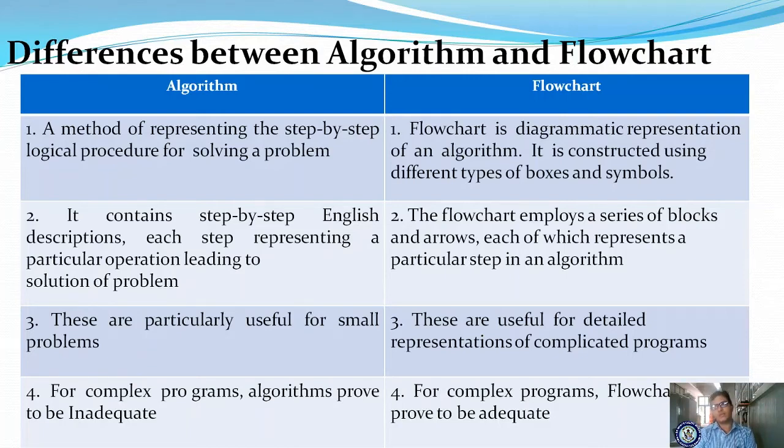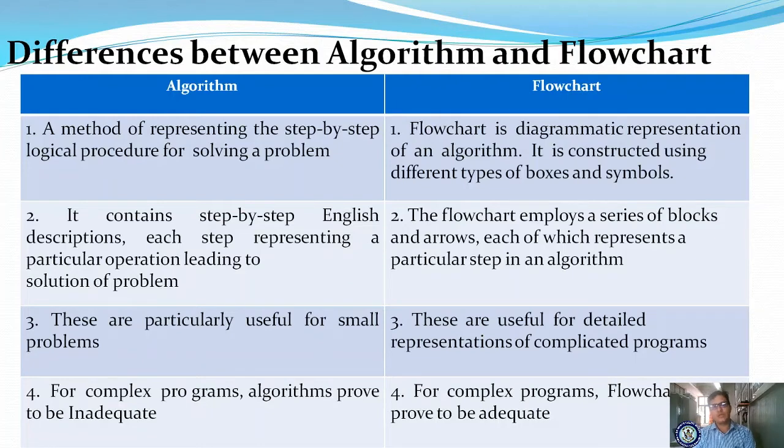You can represent that complexity in your flowcharts. Okay. And the fourth point, for complex programs, algorithms prove to be inadequate. Already we have said in the third point, it is only suitable for small problems. For large problems, your algorithm is inadequate. It is not suitable. For complex programs, flowcharts prove to be adequate.